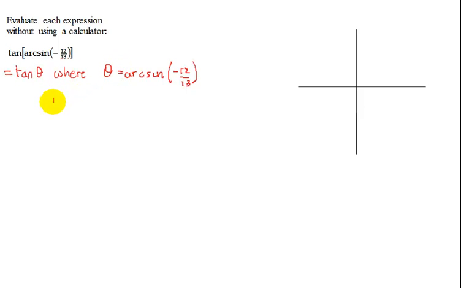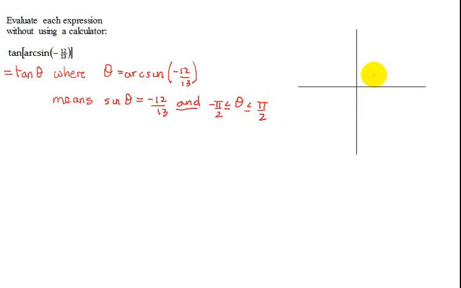So remember, whenever we have an inverse trig function, let's rewrite what this statement means. This means that the sine of theta is negative 12/13. And remember, every inverse trig function has restrictions on it, and this says that theta has to lie between negative pi over 2 and pi over 2.